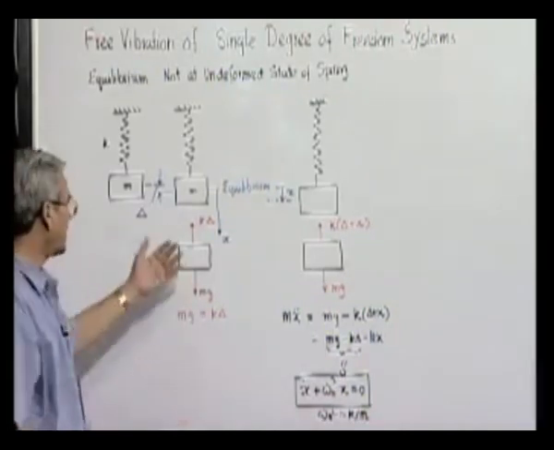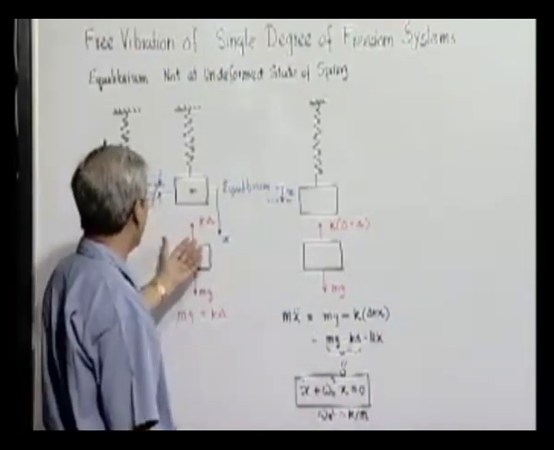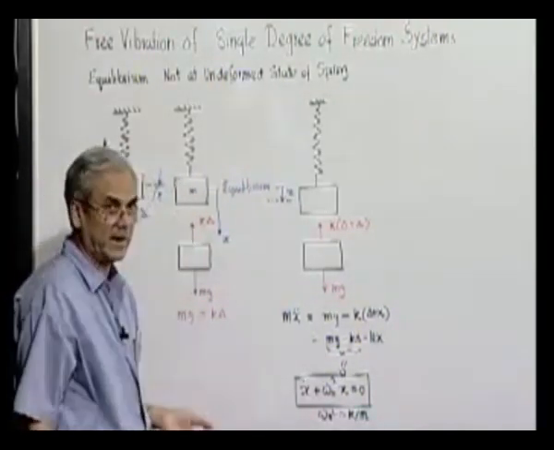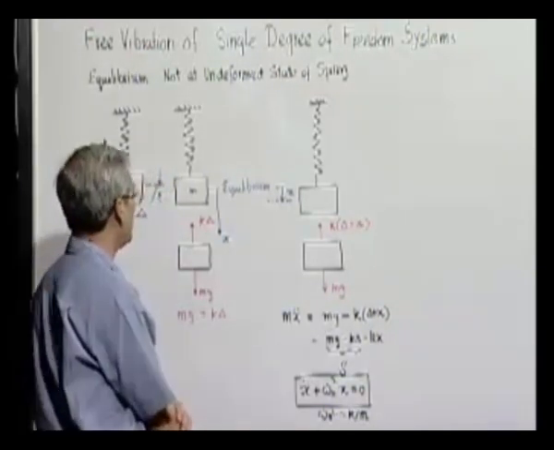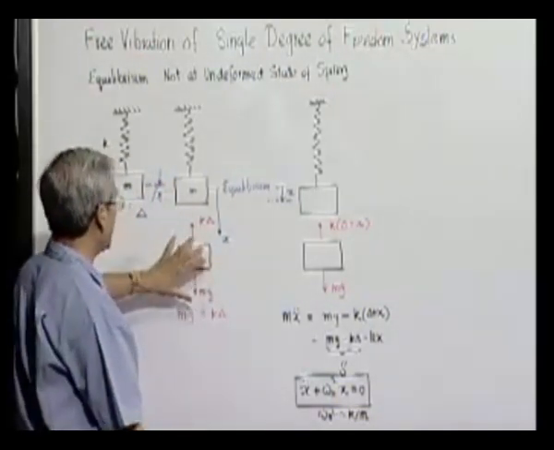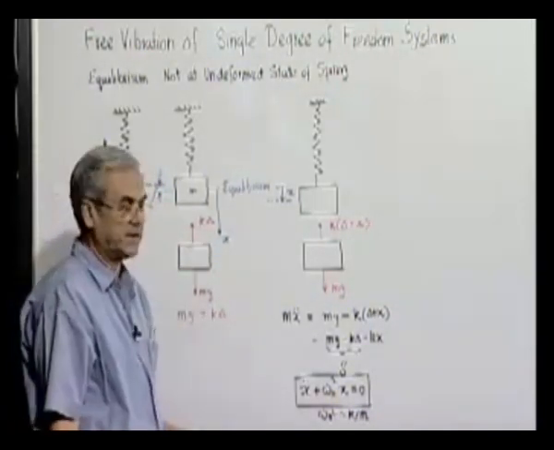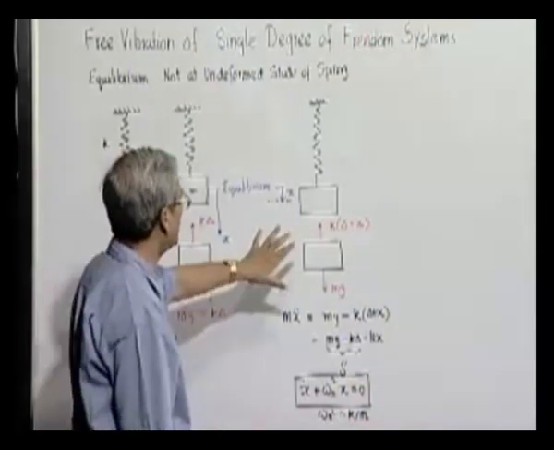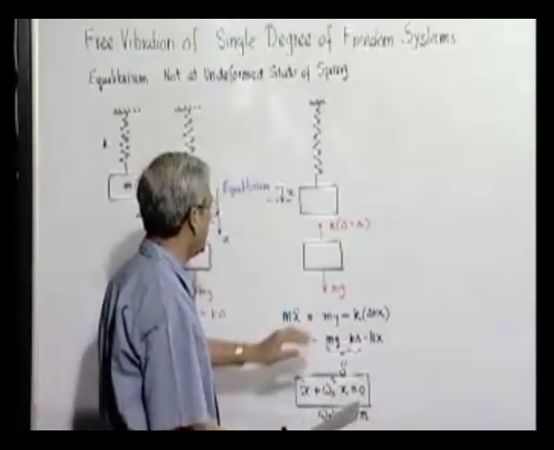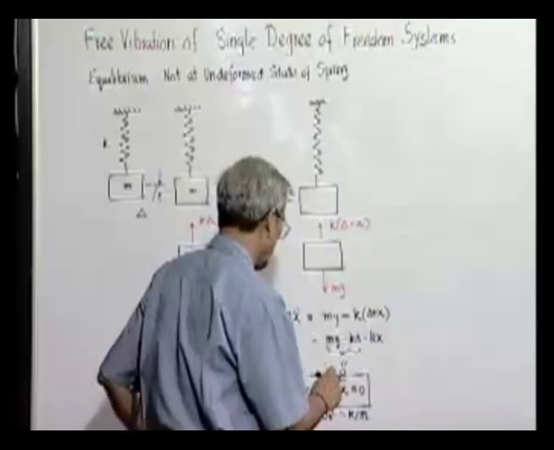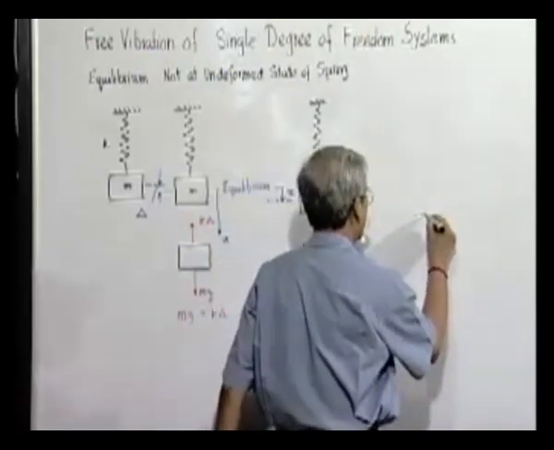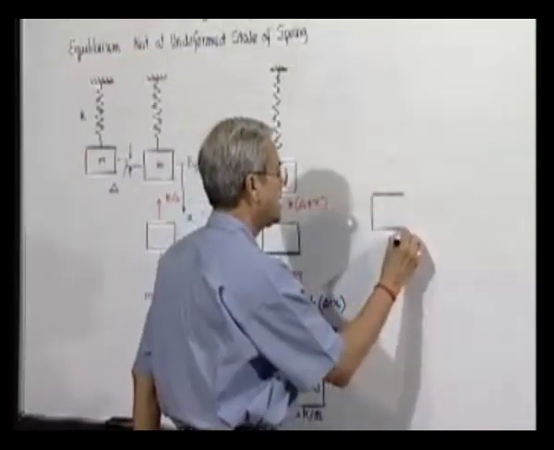The gravitational pull, which was already balanced by the spring force while it was in its equilibrium position, is always there and getting nullified by each other. So when we write down the equation of motion, there is no need to put this.